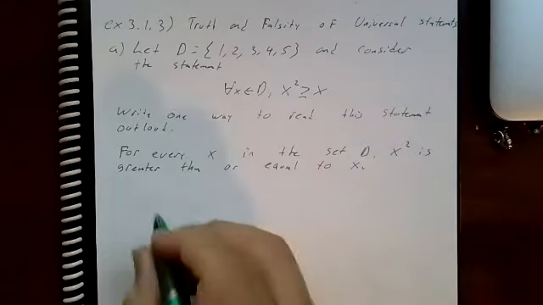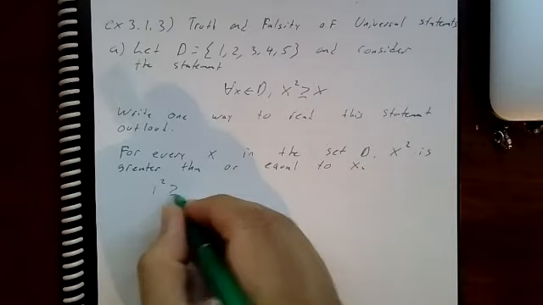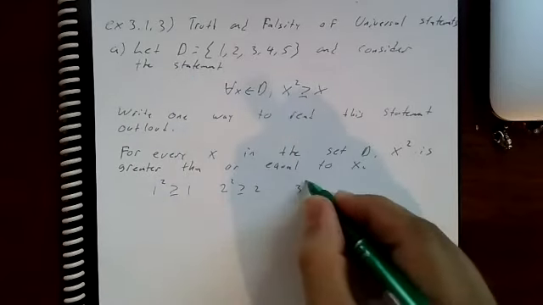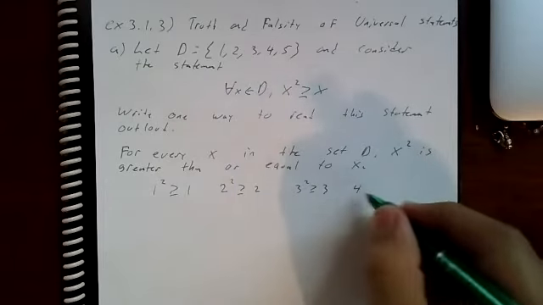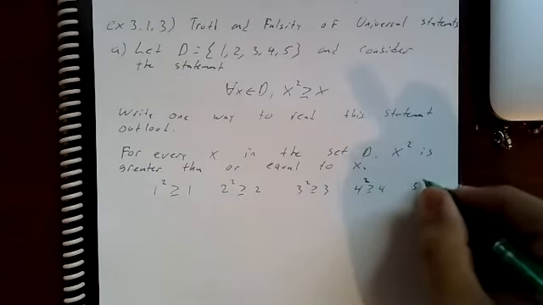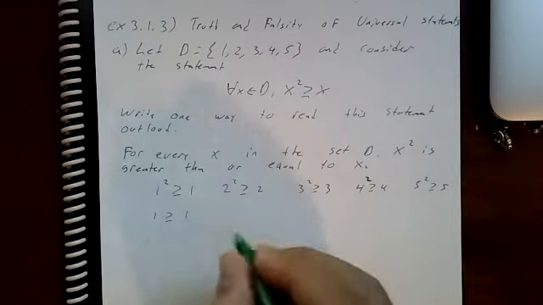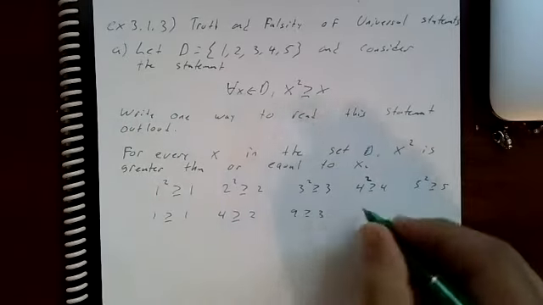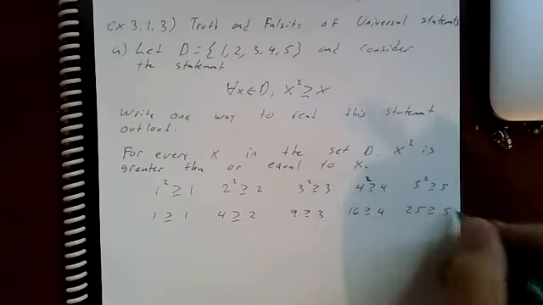And we can show that simply by plugging them in. We plug in 1, 2, 3. It's going to keep on being true. So yes, 1 is indeed greater than or equal to 1. 4 is greater than or equal to 2. 9 is greater than or equal to 3. 16 is greater than or equal to 4. 25 is greater than or equal to 5.